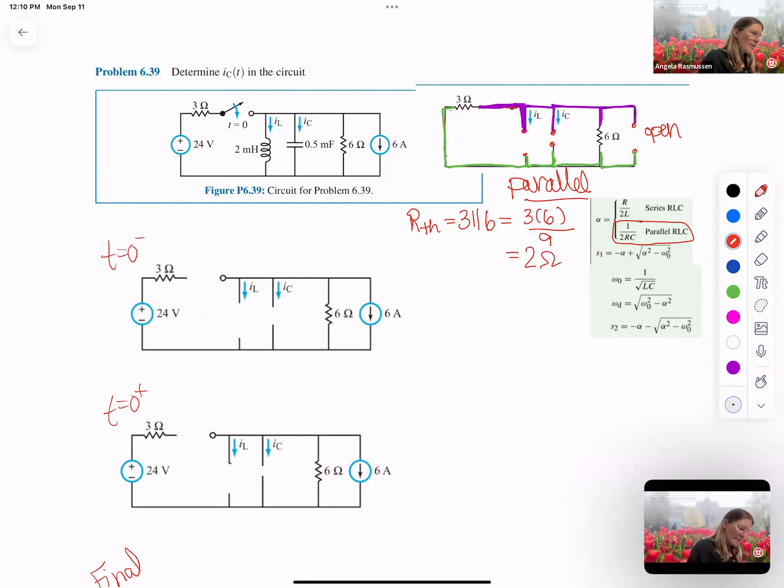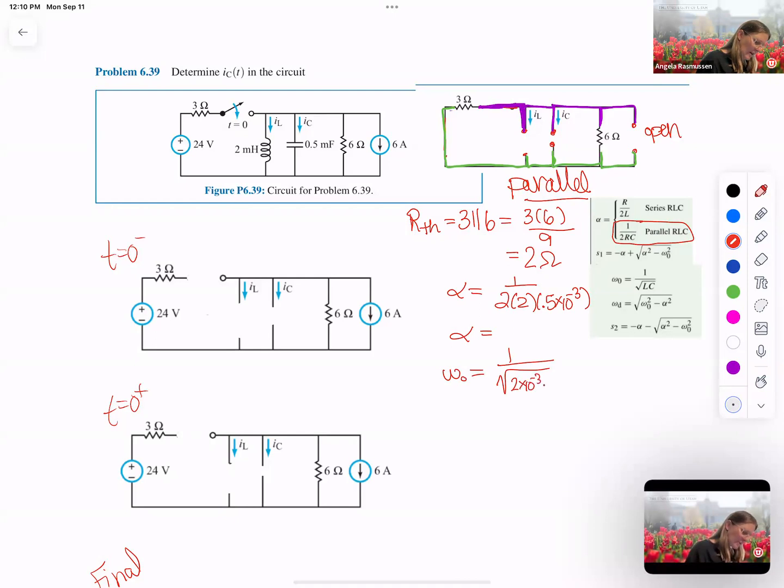All right, now I need to know alpha and omega naught. C is 0.5 milli. And omega naught is 1 over the square root of L times C, where L is 2 milli and C is 0.5 milli.